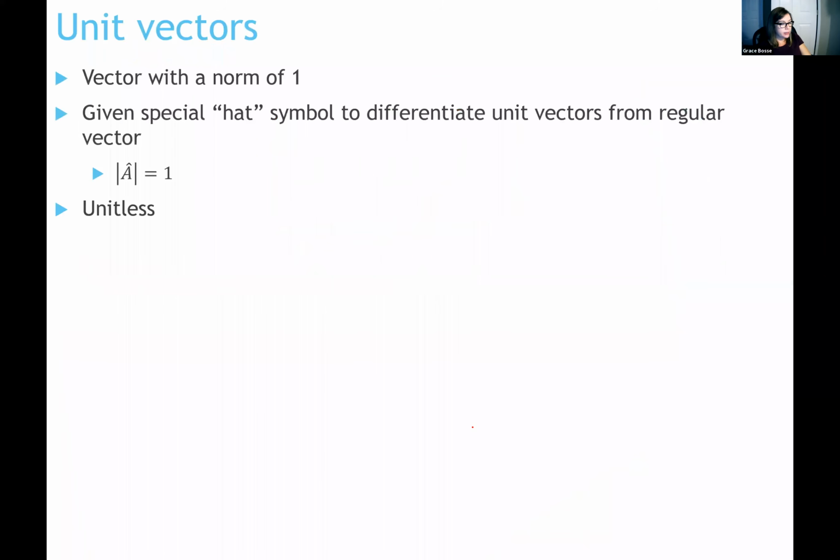The next topic is unit vectors. These are special vectors that have a norm of 1. So that's what makes them special. We give them a special symbol to make sure that we differentiate them from regular vectors. The unit vector is given a symbol that looks like a little hat. So like unit vector A has this hat on top of it.